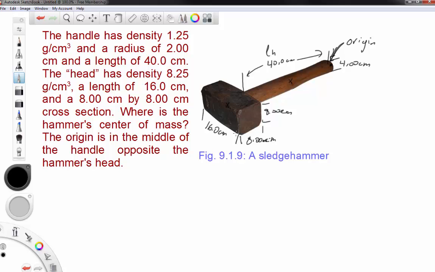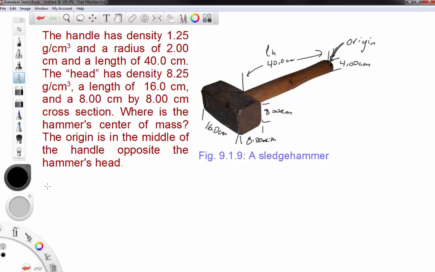Then the second step is that we find the center of mass for a system that's treated as having one object whose mass is the total mass of this head located at this center of mass, the other one being an object whose total mass is the mass of the handle located in this center of mass. And that gets us the final center of mass for the hammer.